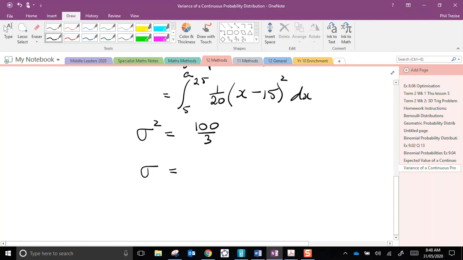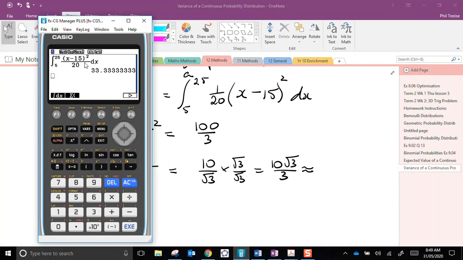Sometimes, of course, they want the standard deviation, which in this case would be the square root of 100 over 3, 10 over root 3. We wouldn't leave it like this. We would rationalise the denominator, and we would express this as 10 root 3 over 3. And once again, if they actually want a value for this, your calculator is your best friend.